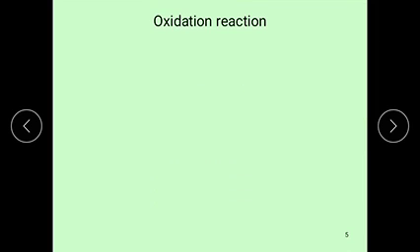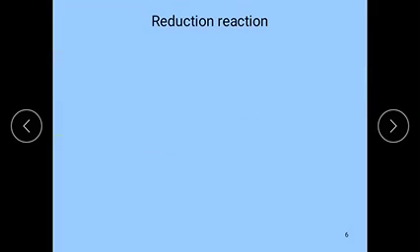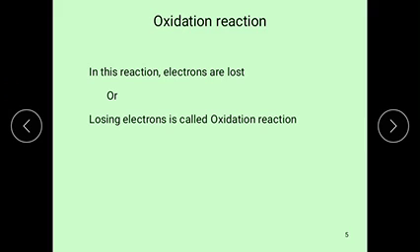Let us see what oxidation is. In this reaction, the electrons are lost; the losing of electrons is called oxidation. Sometimes it is also defined as the addition of oxygen to an atom, molecule or ion.